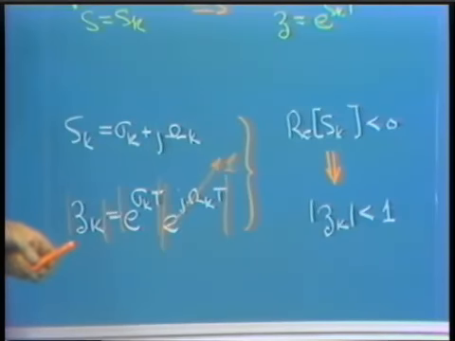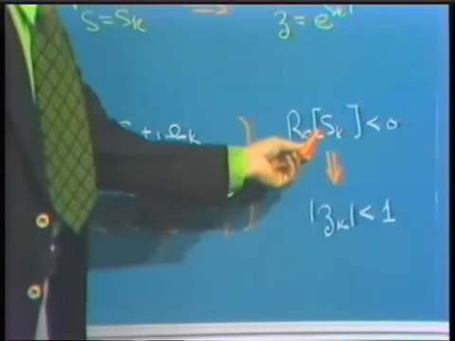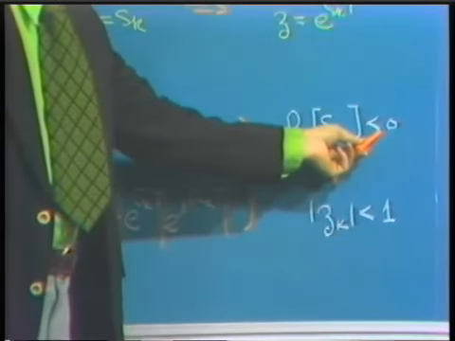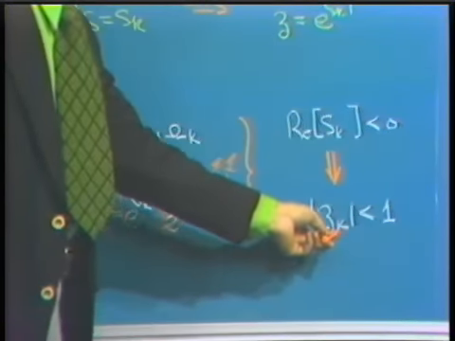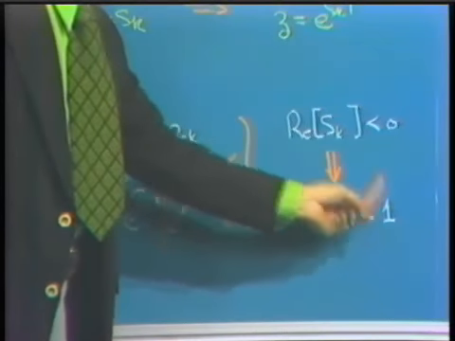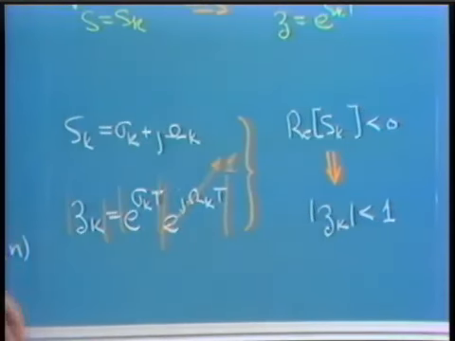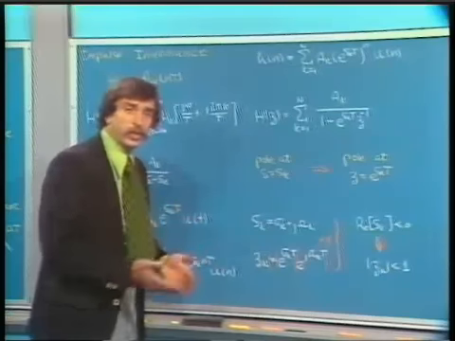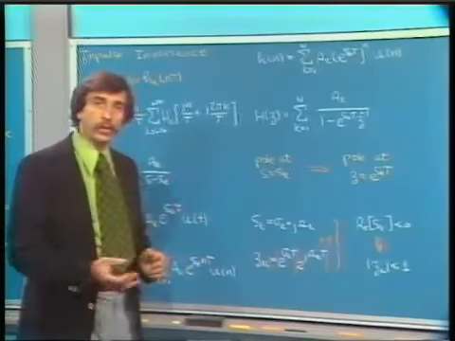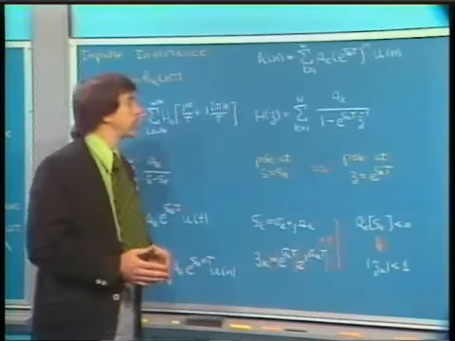So consequently, if the real part of s sub k is less than 0, then the magnitude of z sub k, the magnitude of the pole, is less than 1. So this, in fact, is a digital filter design technique that has a number of advantages. It's a very useful design technique, and one of the standard digital filter design techniques.